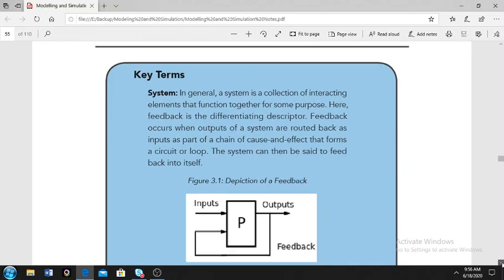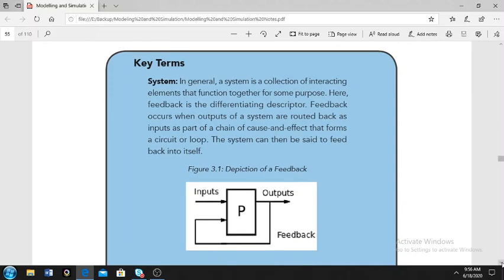So let's define key terms. What is a system? In general, a system is a collection of interacting elements that function together for some purpose. Here, feedback is the differentiating descriptor. Feedback occurs when outputs of a system are routed back as inputs as part of a chain of cause and effect that forms a circuit or loop.